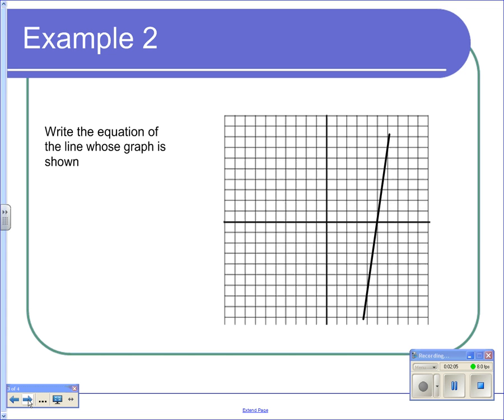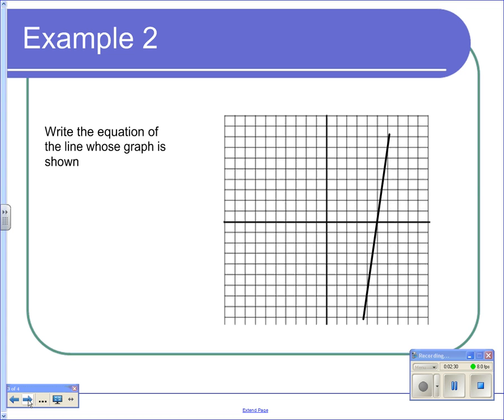Okay, go through. I know where this is going. You can find the slope and then you figure out the y-intercept by getting a certain point.